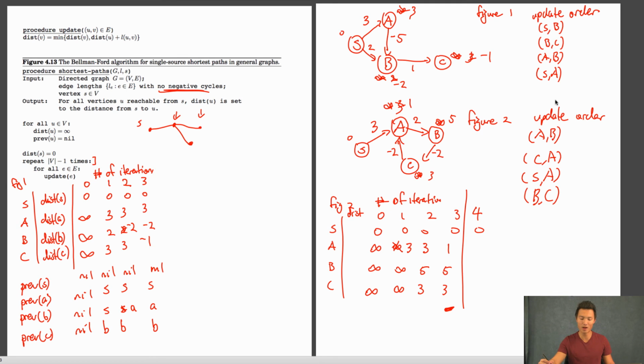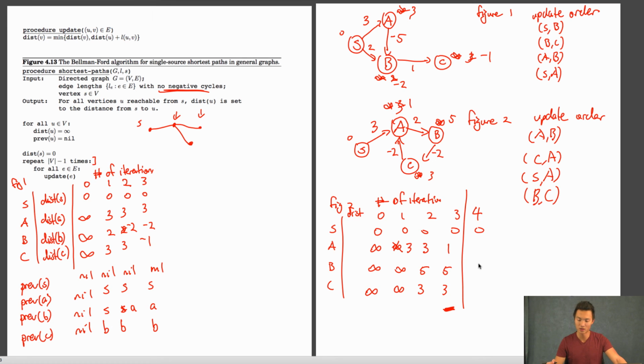So the edge order won't matter for graphs that don't have negative cycles, because at the end, after V-1 iterations, we will have the shortest path from S to every other node. Whereas if we have negative cycles, the V-1 iteration won't necessarily be the same, because we could have found the shortest paths somewhere earlier, and then that last update is going to give us a negative cycle.